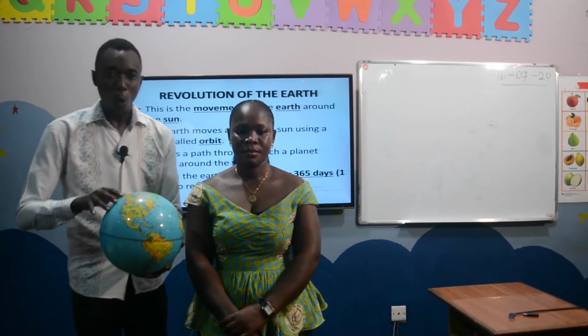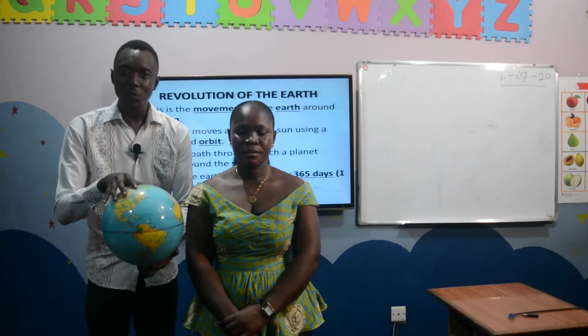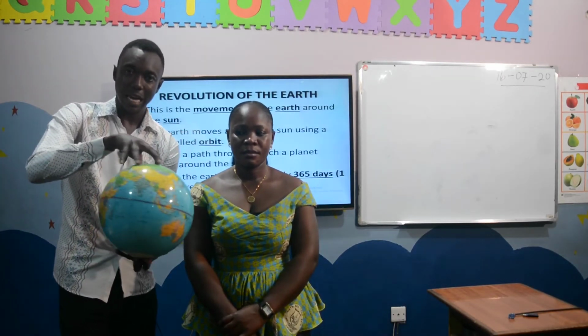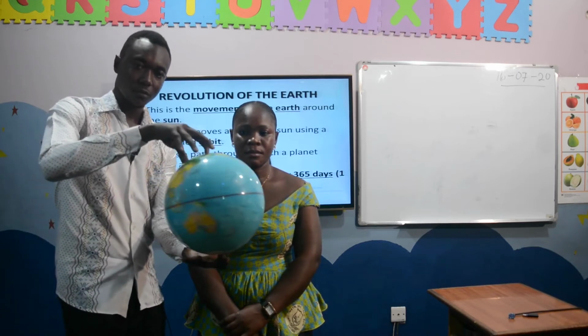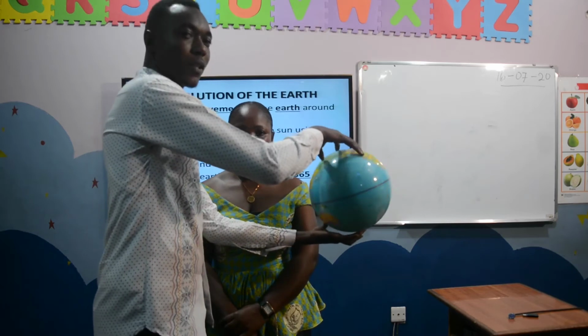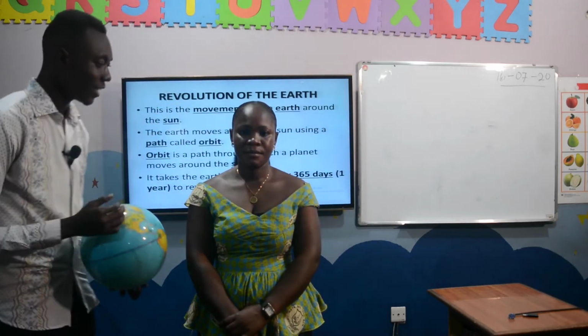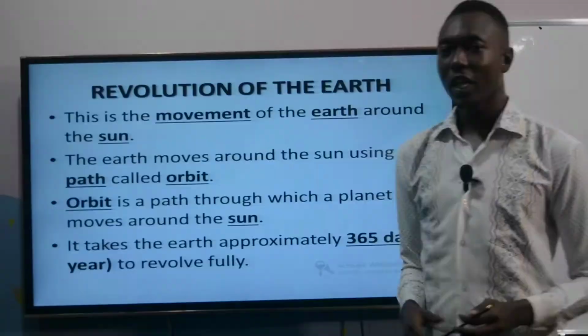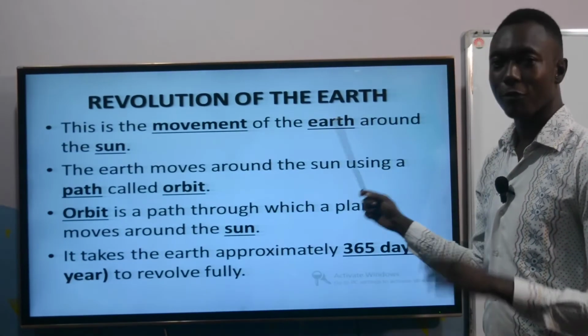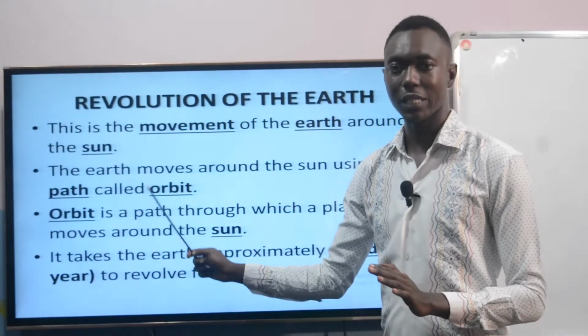So note, while the earth is moving around the sun, it also rotates on its axis this way as it moves around the sun. Very good. Auntie, thank you so much for your time. Therefore, revolution of the earth is the movement of the earth around the sun.